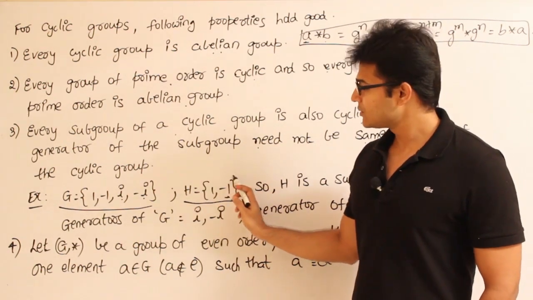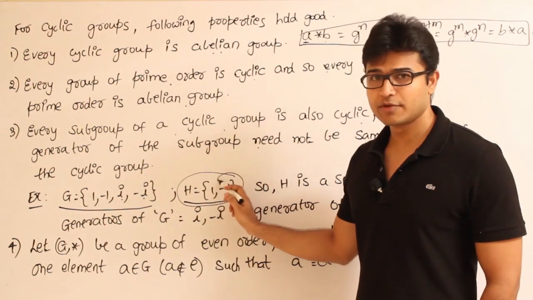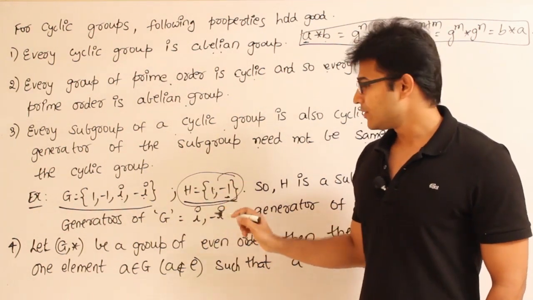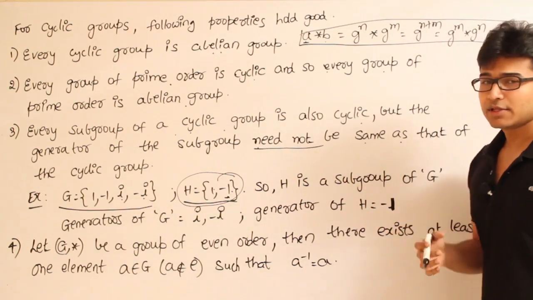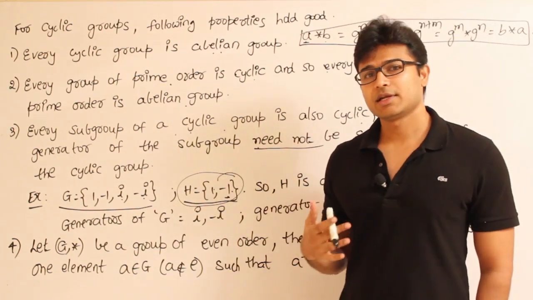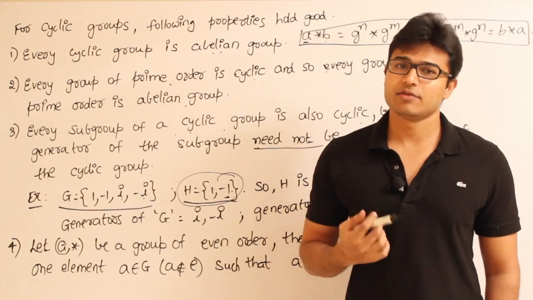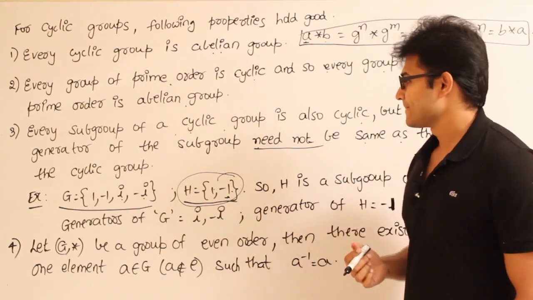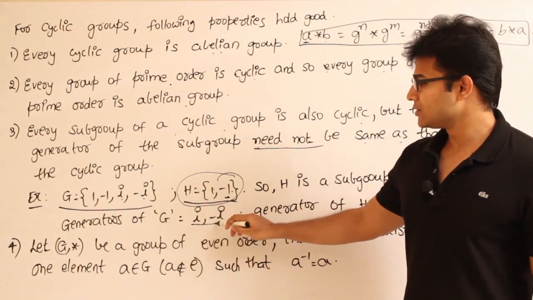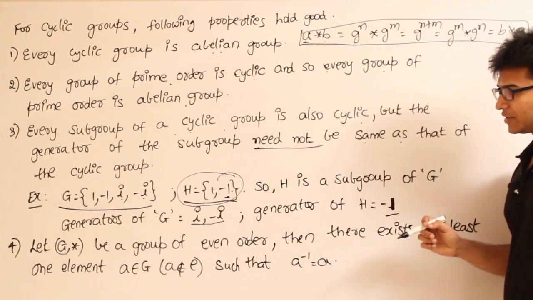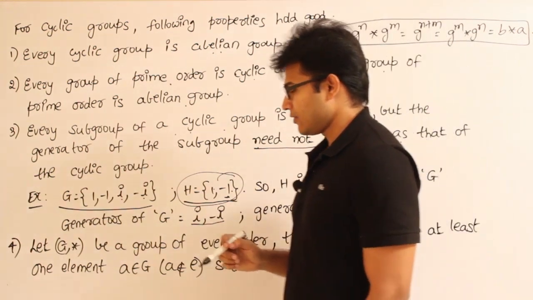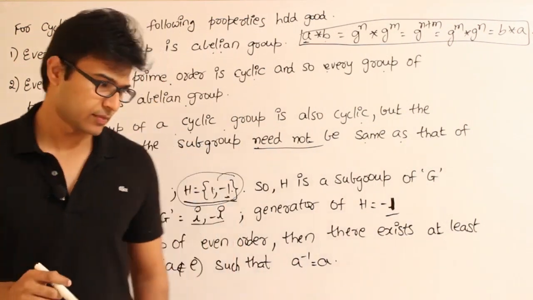So even though the subgroup is also a cyclic group, which means it has a generator, the generator need not be the same. It doesn't mean that it is always different. Sometimes we might get the same element and sometimes a different element. Got it? G has I comma minus I, but H has minus 1 as the generator. Now see the fourth point.